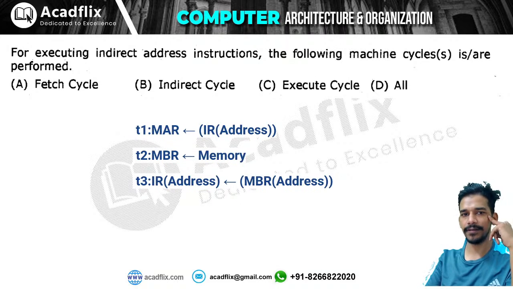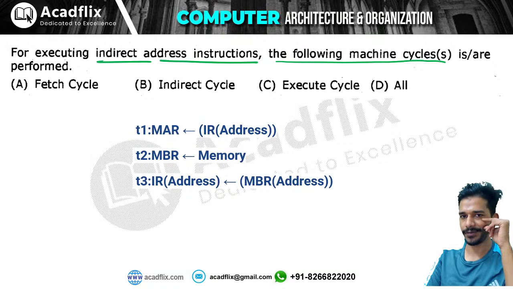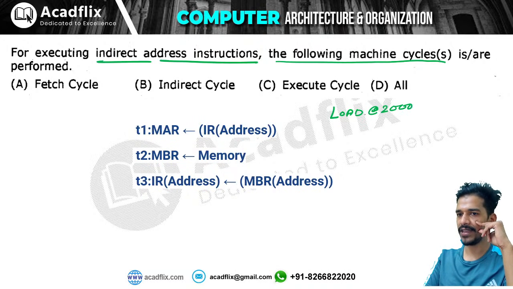Next question is, for executing indirect address instructions, the following machine cycles are performed. Okay, so as I told you in the previous class, in the control unit class also, if any instruction is using indirect addressing mode, then before fetching the operand, we have to fetch the address.